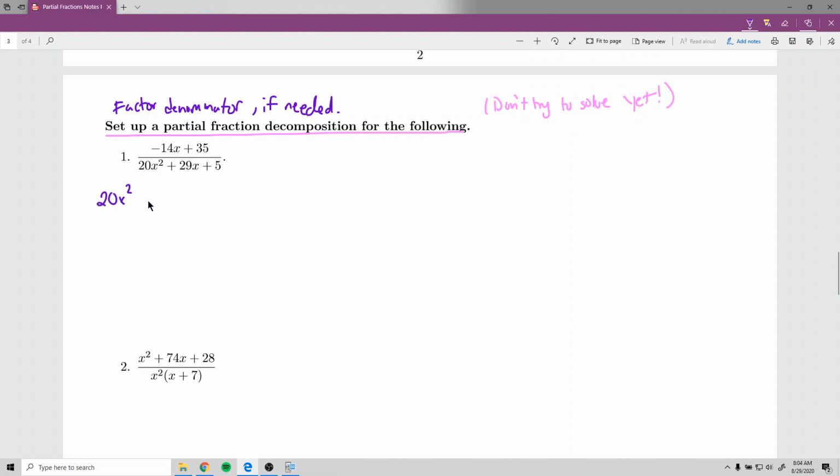So I have to factor the 20x squared plus 29x plus 5. Now this one is not that great to factor. Since you've done factoring a lot in your math lifetime, I'm not going to boil down the brutal details like I normally do.